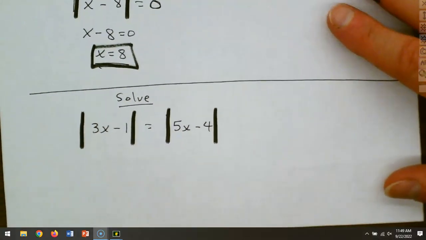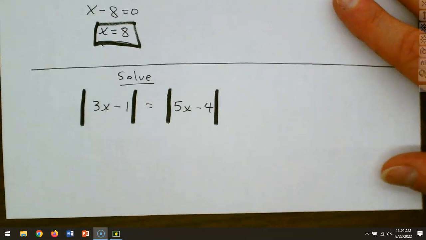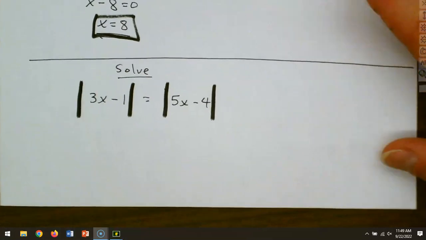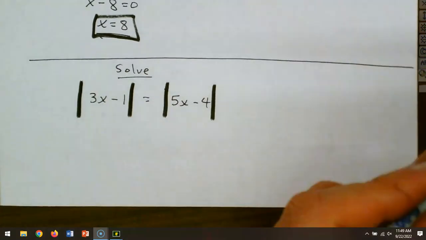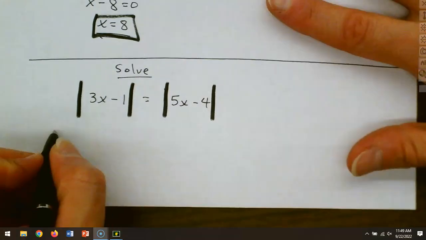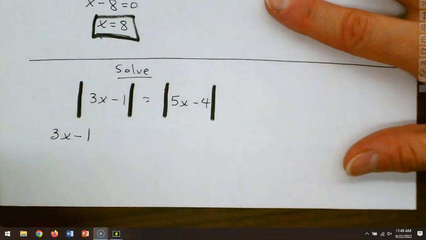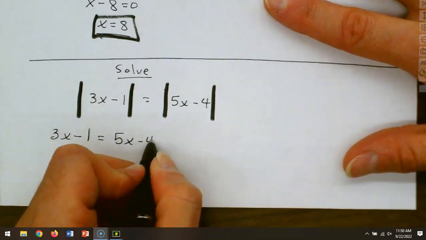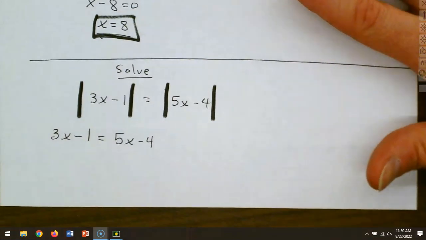We need to get 2 equations. Now, what are they going to be? Well, the first one, all we do is we drop the bars again. So that is 3x minus 1 equals 5x minus 4. Okay, nothing new there.